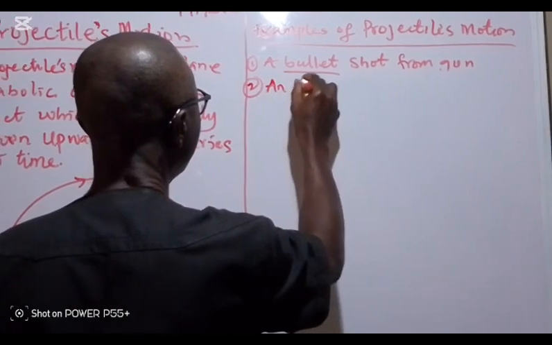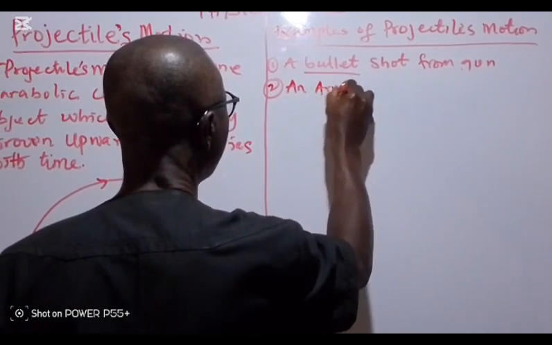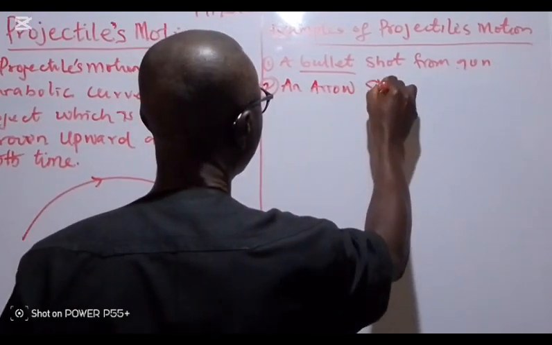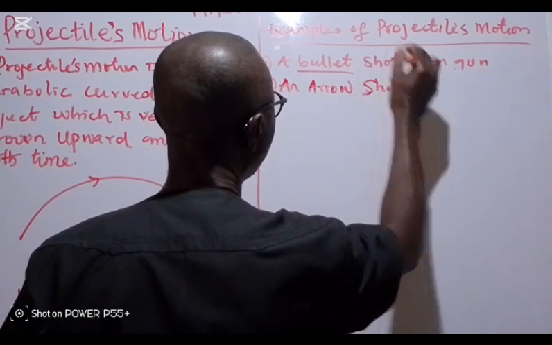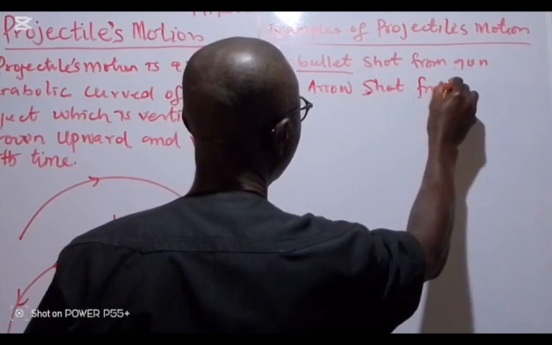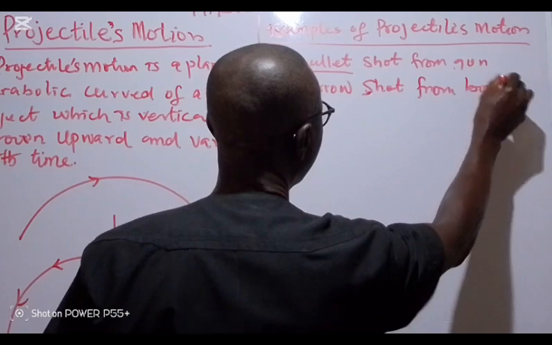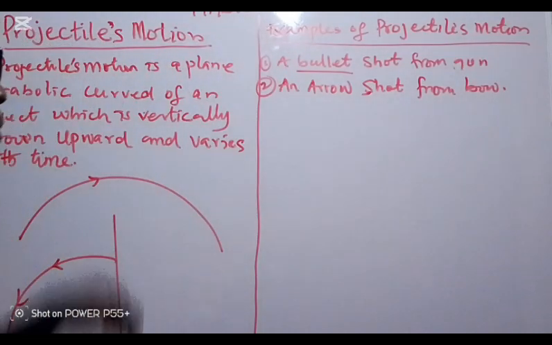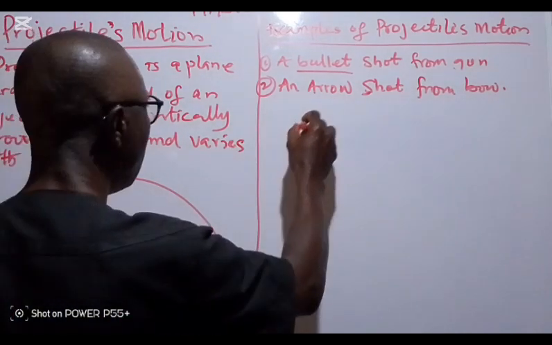Number two, an arrow shot from a bow. When you shoot an arrow from a bow, it's another example of projectile motion.